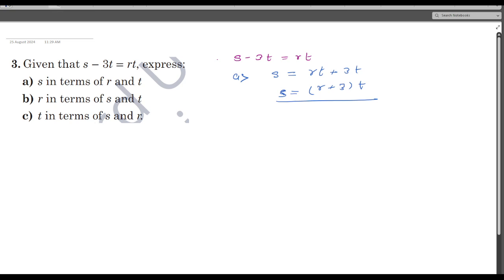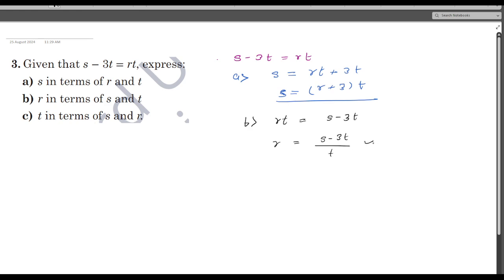Now B, we have to express r in terms of s and t. So what we will do, we will write rt is equal to s minus 3t, and then we will divide both the sides by t. So you have r is equal to s minus 3t whole divided by t.